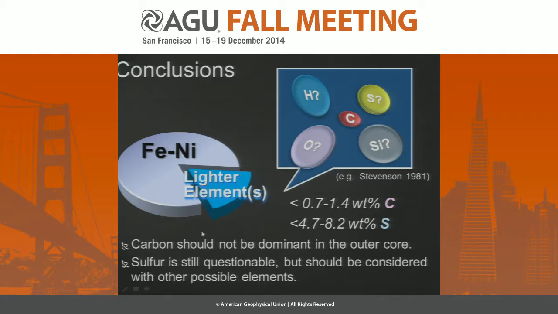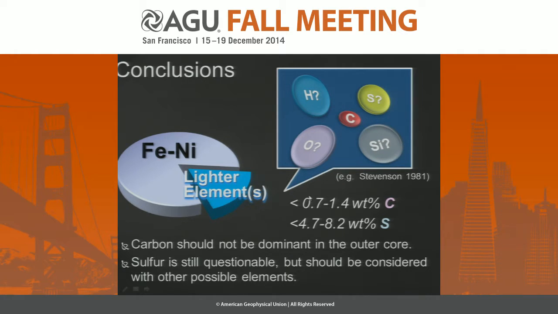But I simply conclude from our experimental data that carbon should not be dominant in the outer core, because only a few percent, 1% carbon, already explains the velocity. More carbon cannot explain the sound velocity of the Earth's outer core.